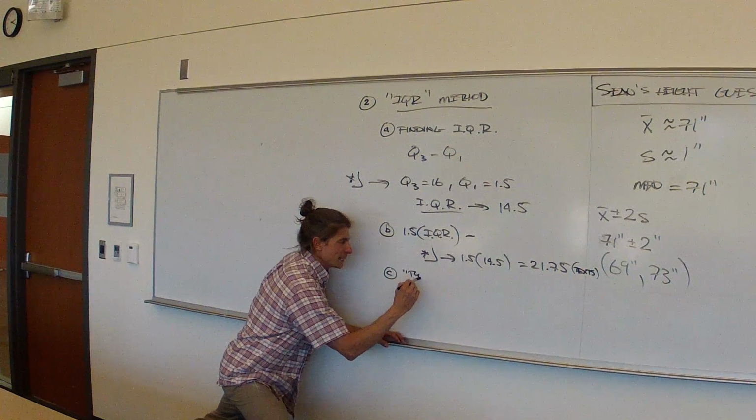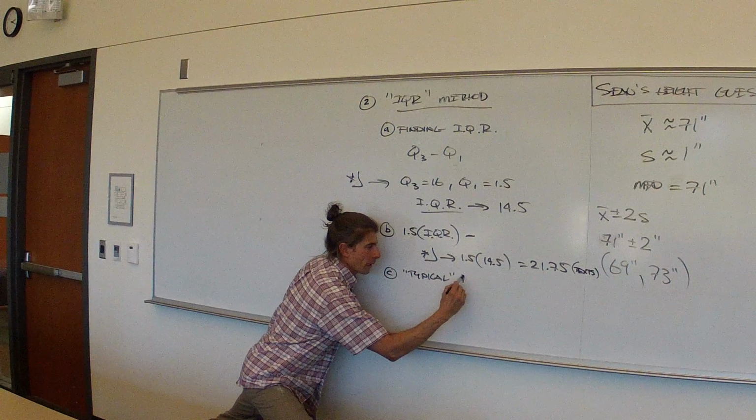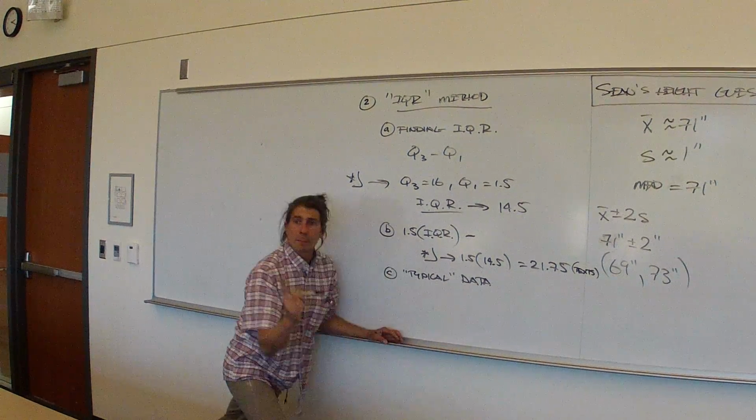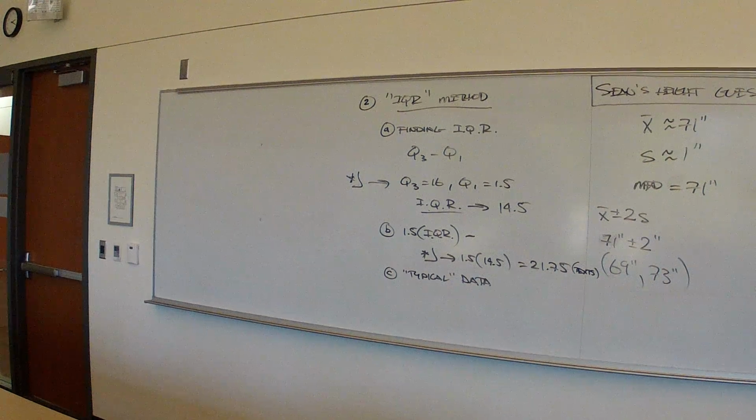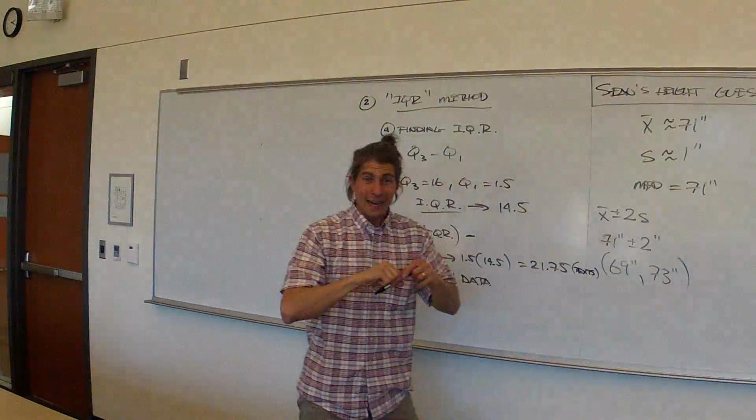Your typical data, watch this. Remember when I did it with my hands? I went plus 50%, and then I stacked it over here. Do you see what I'm adding that 1.5 IQR to? The end of Q3, and then when I come down here, I'm subtracting it from Q1. So that's kind of the oddball thing.